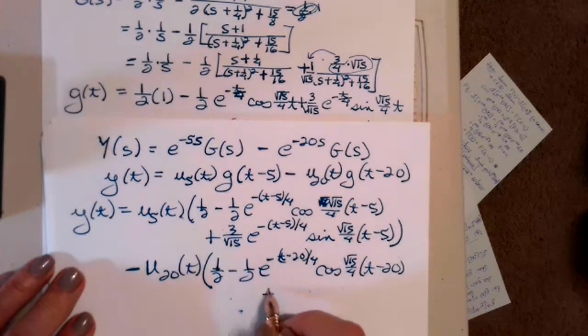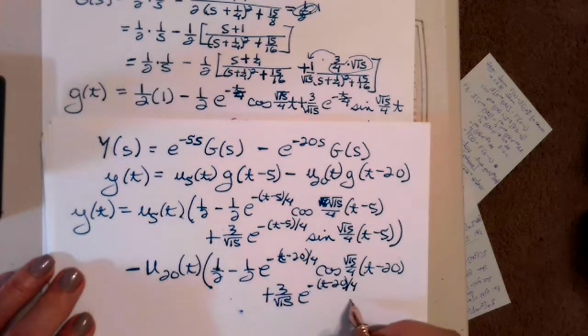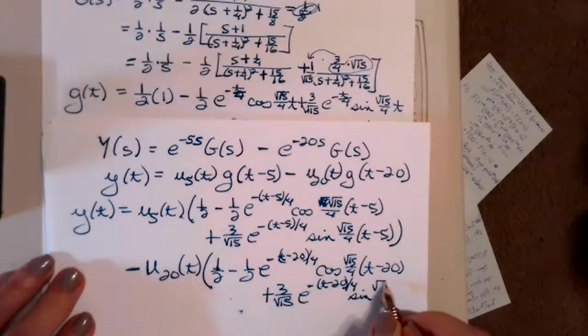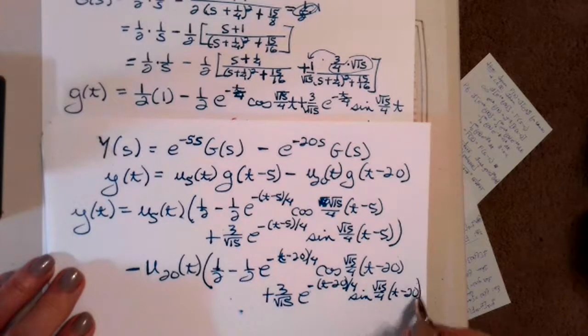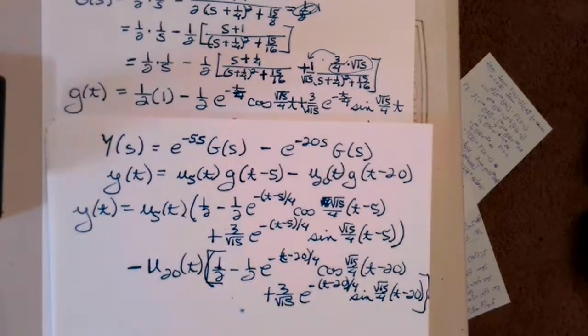This is all inside the parentheses, plus 3 over square root of 15 e to the minus (t minus 20) over 4 sine of the square root of 15 over 4 times (t minus 20). Make it a square bracket to emphasize that. Whew. Okay, and that finishes the previous example.